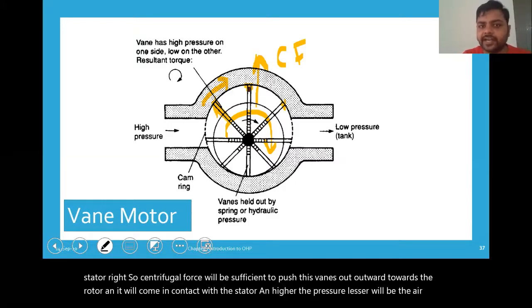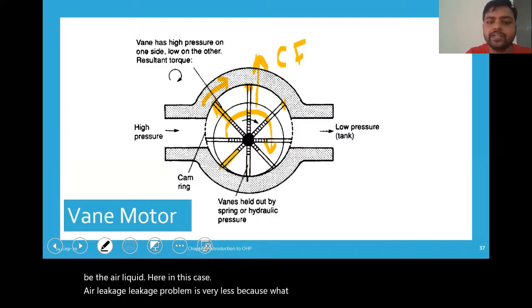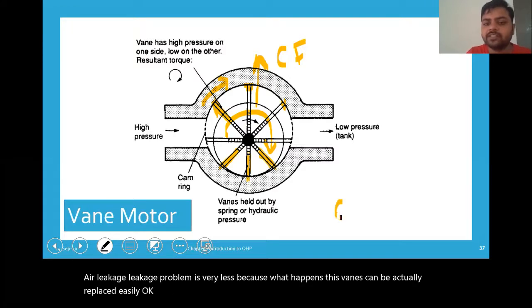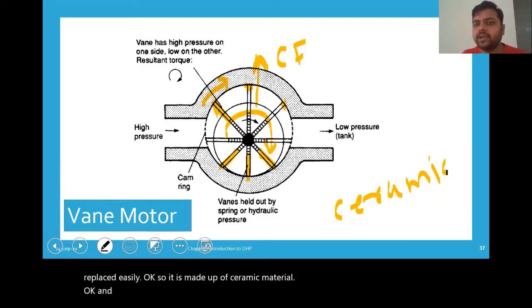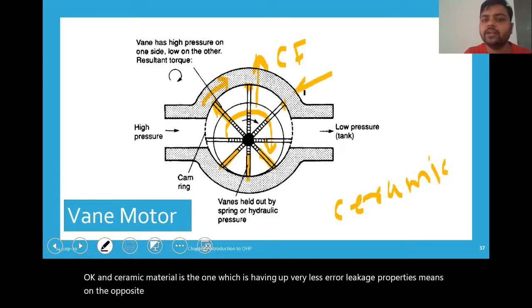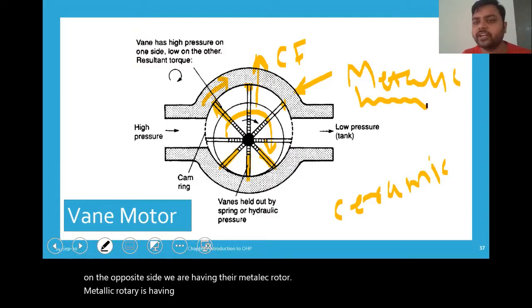Here in this case, the air leakage problem is very less, because these vanes can be easily replaced. They are made up of ceramic material, and ceramic material has very low air leakage properties. On the opposite side we are having a metallic rotor, which has some sort of surface irregularities.